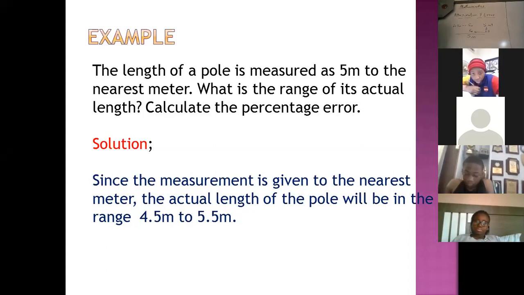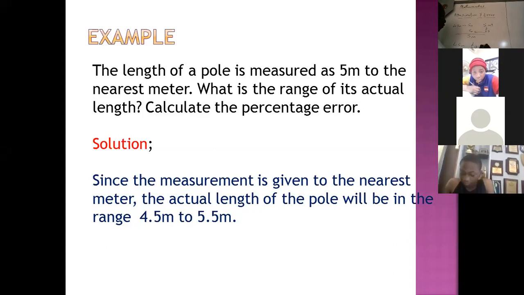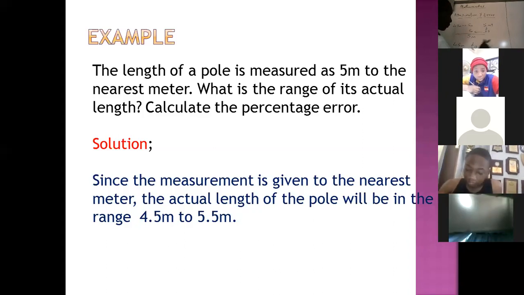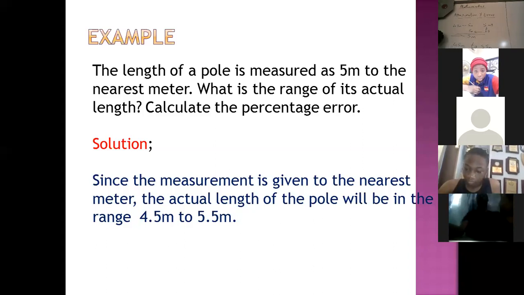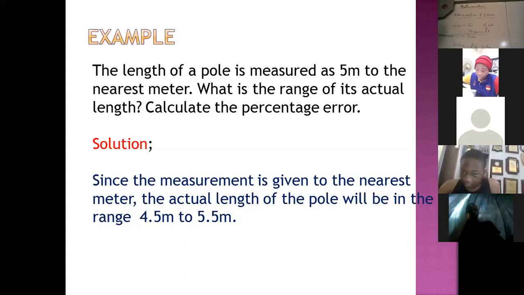So we say that the actual length is in the range 4.5 to 5.5 meters, even though the true measurement is given as 5 meters. This is the range because it is taken to the nearest meter.